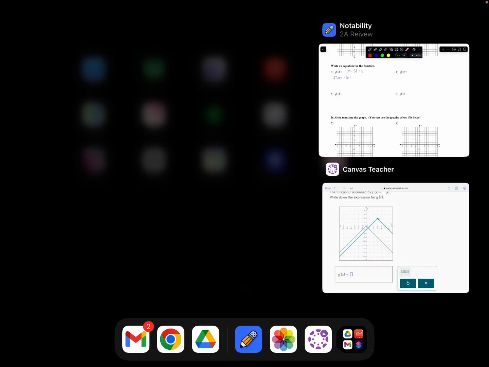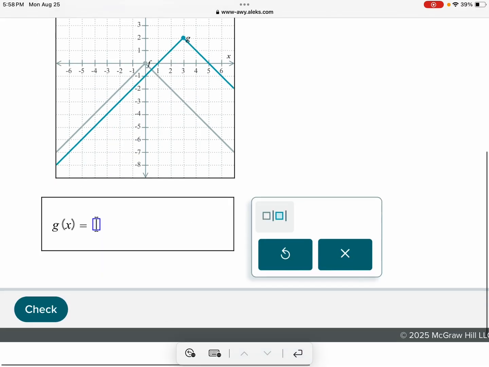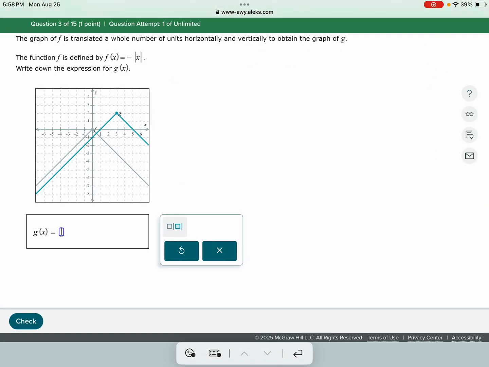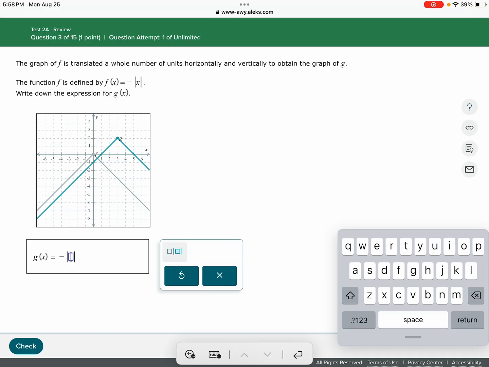Let's try and type that in. In this field right here, let's pull up the keyboard. I'm going to have negative, click on the absolute value signs in the box, and then we should have x minus 3.